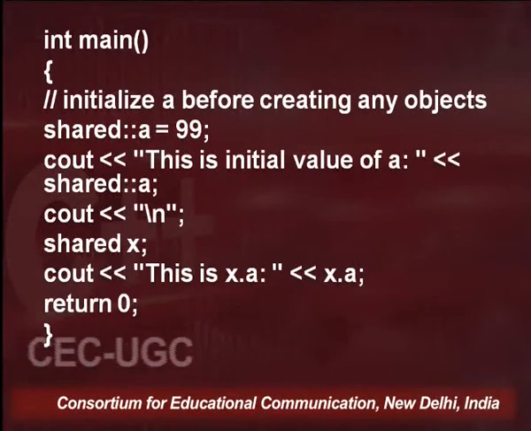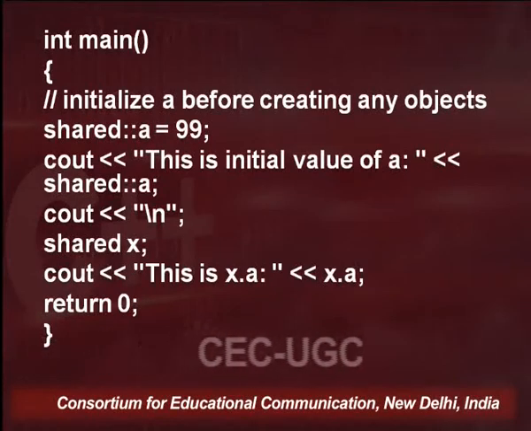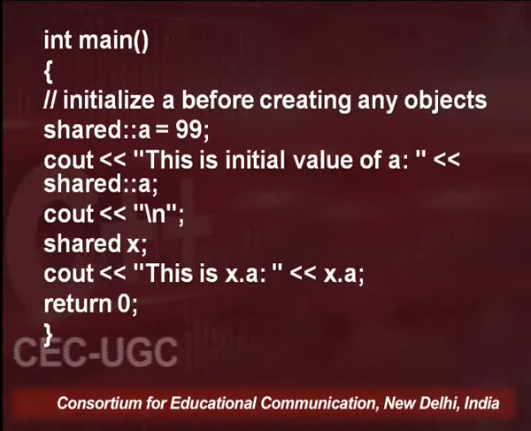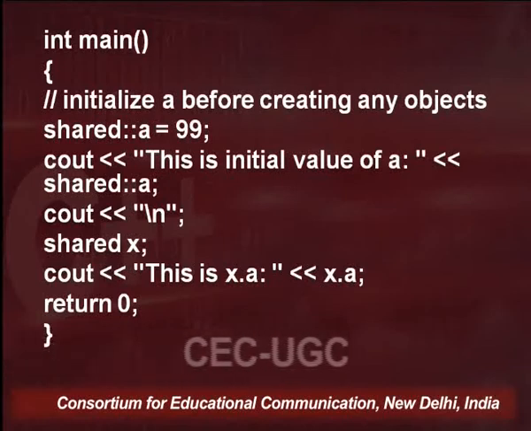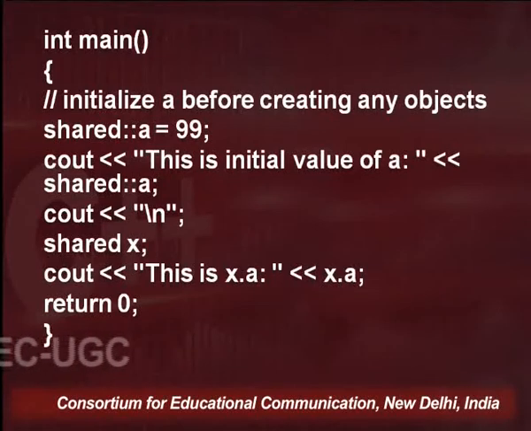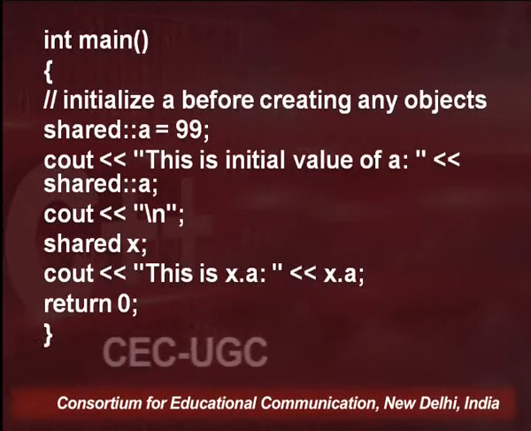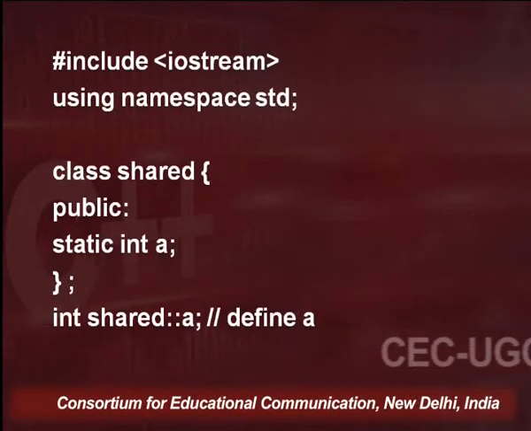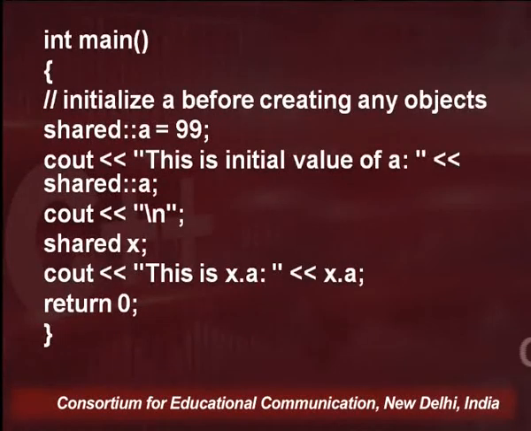Now, please notice the use of variable in the cout statement, that is shared and then scope resolution operator and then A. Then what we did is we have created one object of this shared class, and with the object of the class shared, which is X, we have accessed X dot A. So, as we have kept this in the public section, we can use it without any object just by putting the class name and the scope resolution operator.